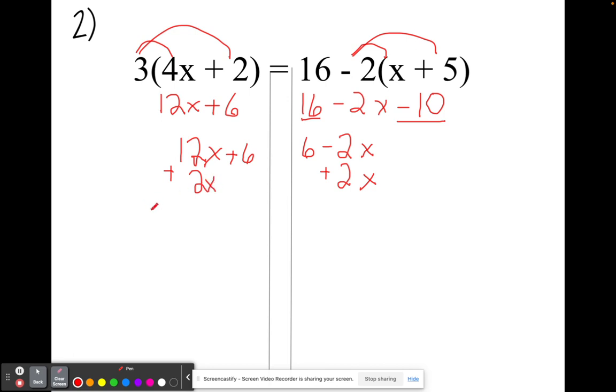I have 14x on one side plus 6. I have 6 on the other because this canceled out. I'm going to subtract 6 from both sides.